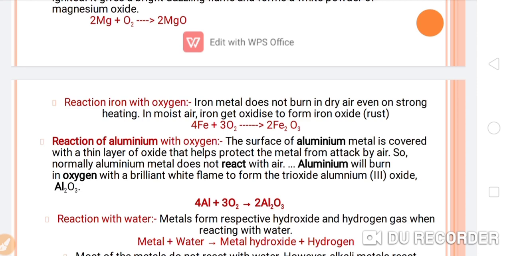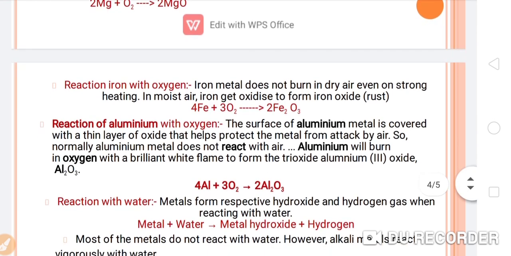Now reaction of aluminium with oxygen. The surface of the aluminium metal is covered with a thin layer of oxide. This is a very important point, that helps protect the metal from attack by air. So normally aluminium metal does not react with air.